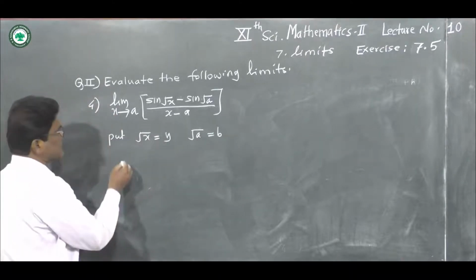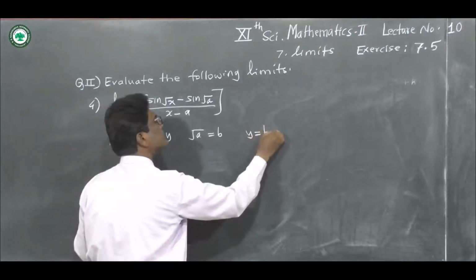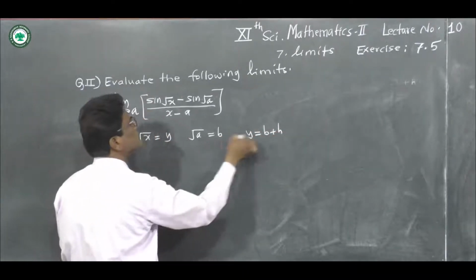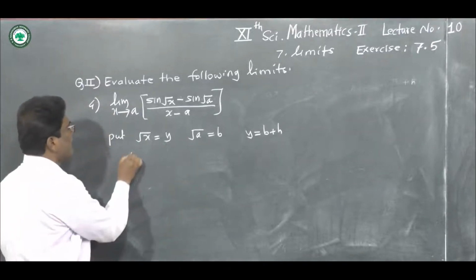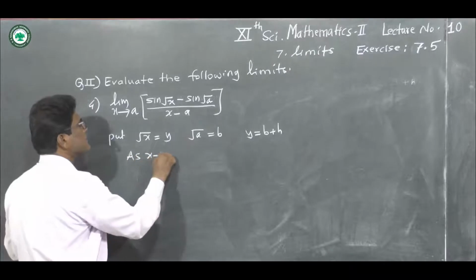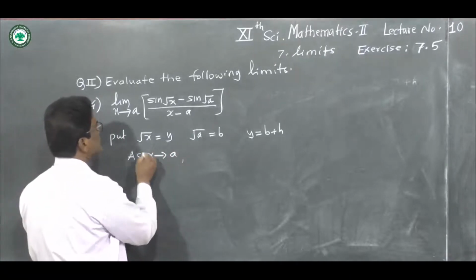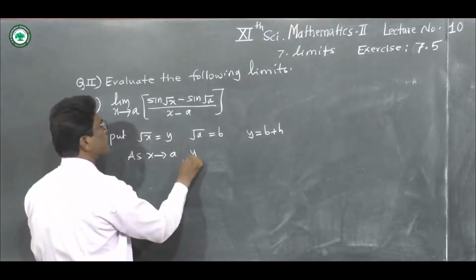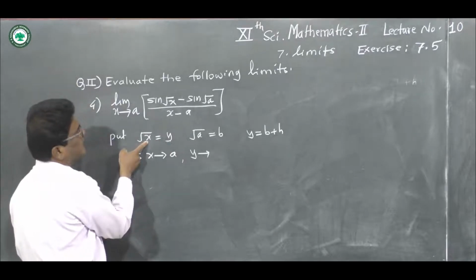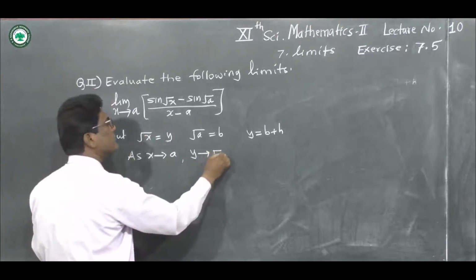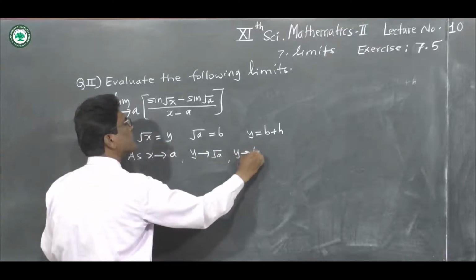Now here y is equal to b plus h. Now here as x tends to a, so y tends to, put x as a, so y tends to root a, but root a is equal to b, so y tends to b.